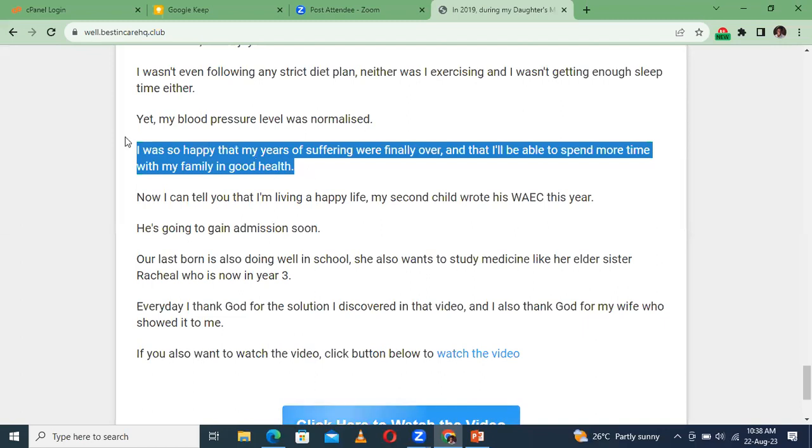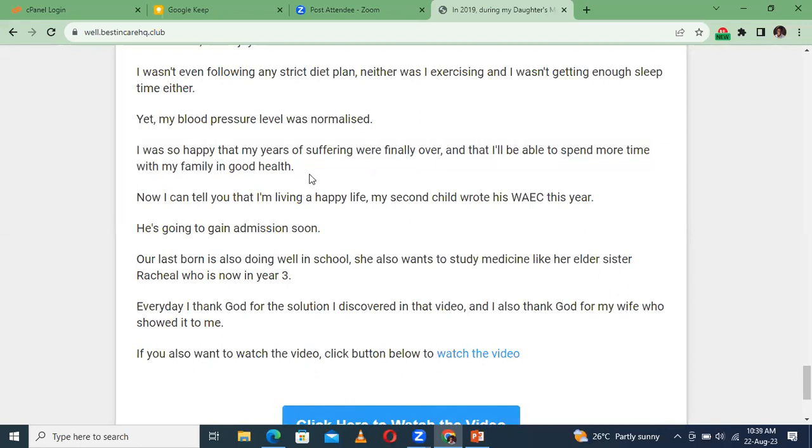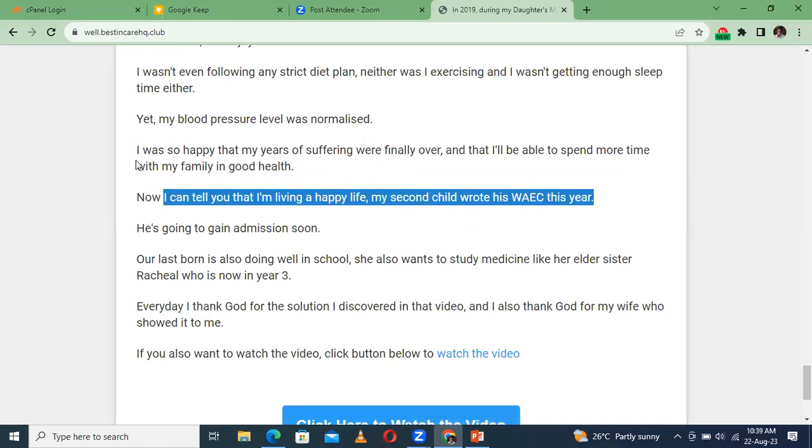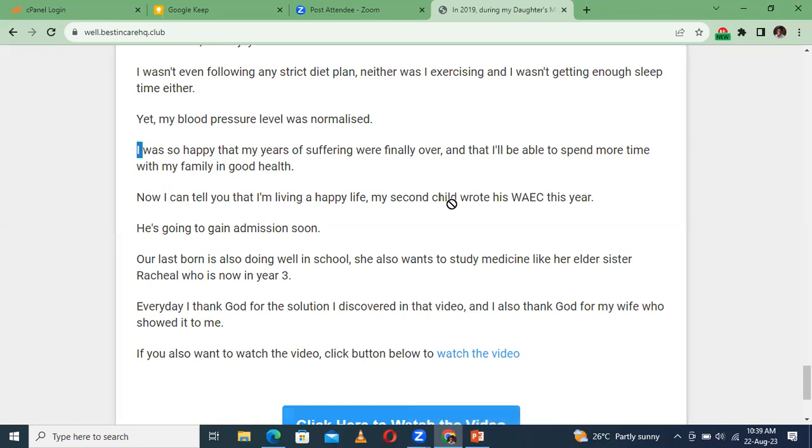So that part of got what he lost back due to the illness is this: I was so happy that my years of suffering were finally over, and I will spend more time with my family in good health. That's the major thing that he got back. This one is just extra info backing this up. Let me highlight it. This place.